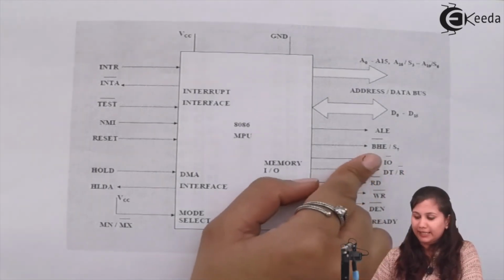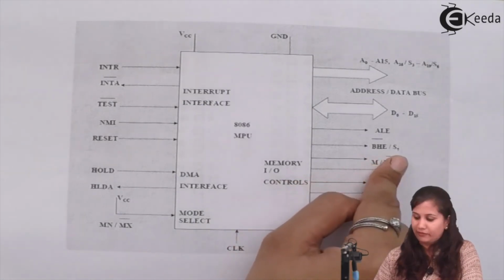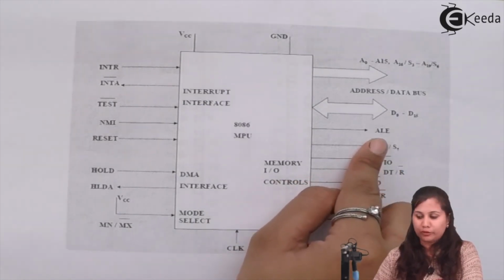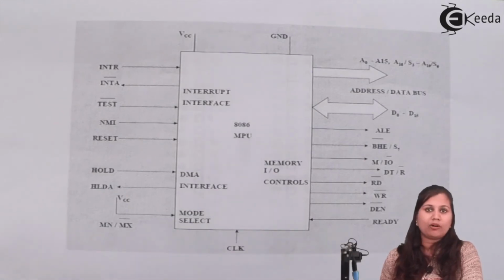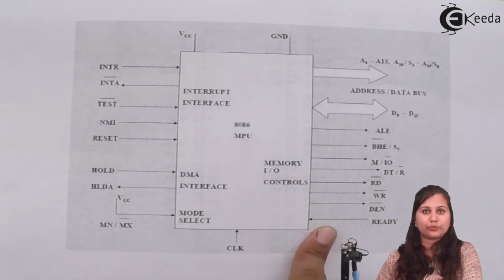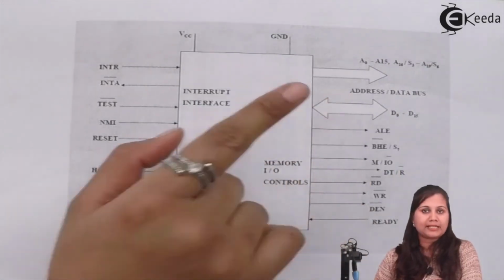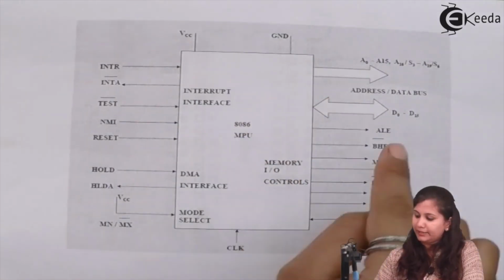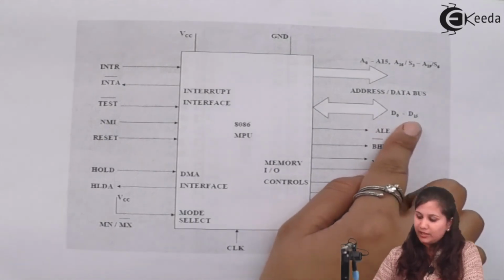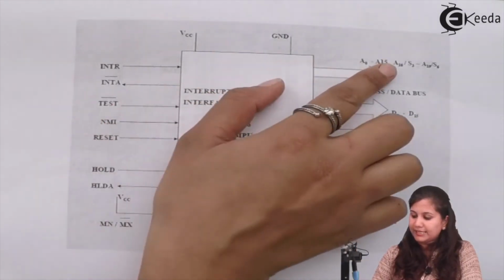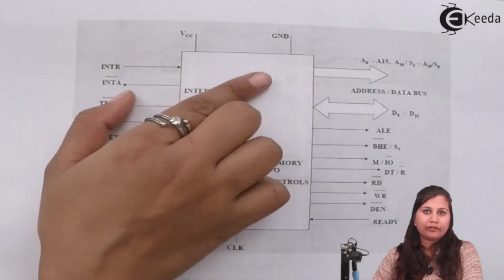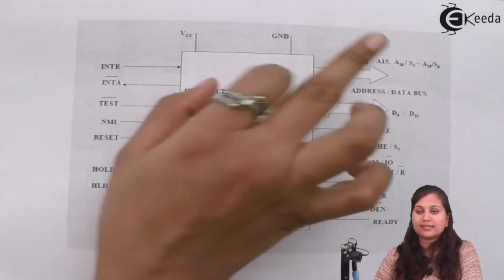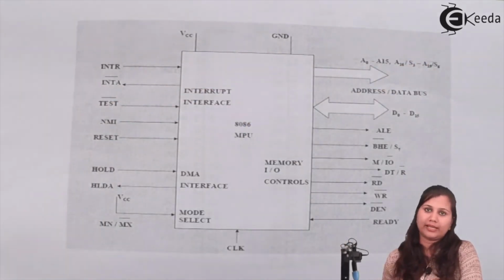This is bus high enable or the status signal S7. Then address latch enable. Whenever any memory or input output operations are performed, these signals are used. Then we have the multiplexed address and data bus AD0 to AD15, and then the A16 to A19 address bus, which is also used as the status signals S3 to S6.